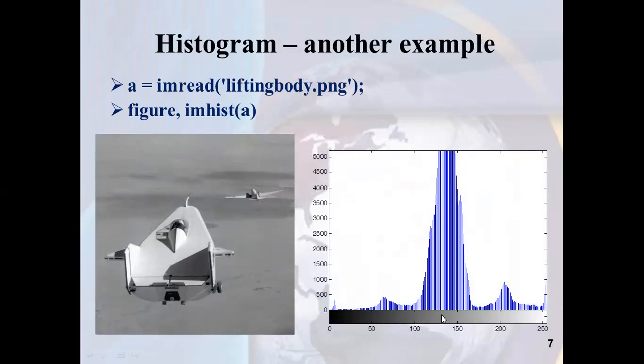The center class, which is the majority of the pixels. Then we have two small peaks at the dark side and at the light side. So here, the decomposition of the image into two classes, or binary, is very difficult in this example, while it's very simple in the first example.